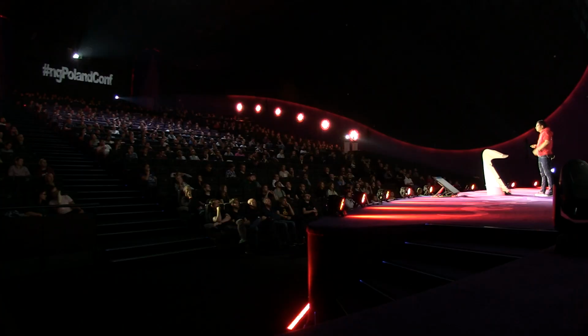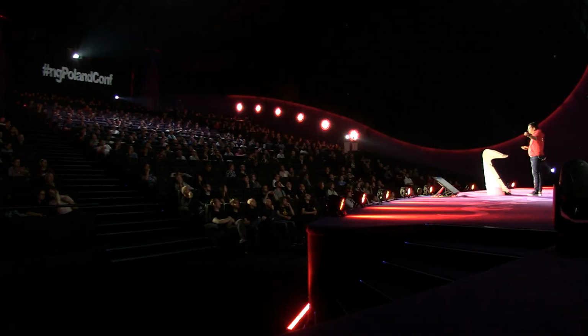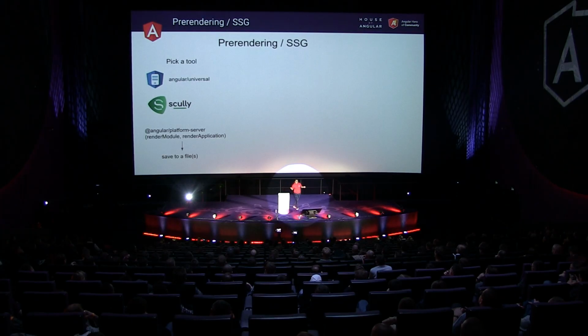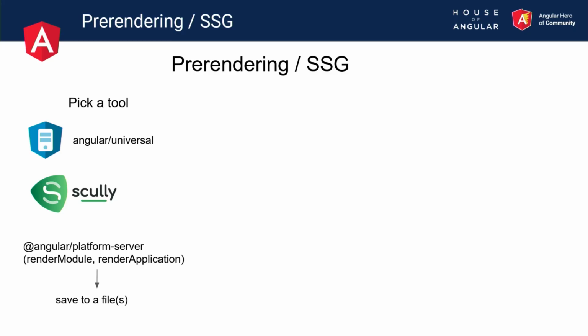Okay, but let's talk about the first solution, pre-rendering, SSG, because it's very simple. Essentially, first you have to pick a tool. You can pick Angular Universal, you can pick Scully, you can also import the functions renderModule or renderApplication from platform-server. renderApplication is for standalone architecture, renderModule is for modular architecture. And then you can save the result to a file.